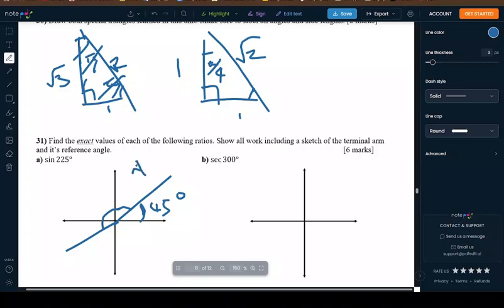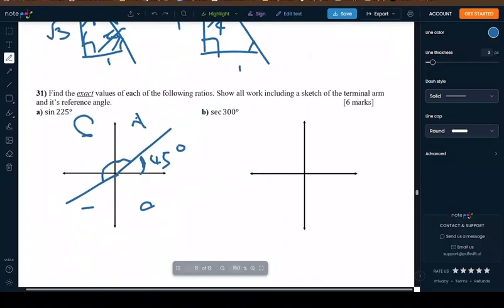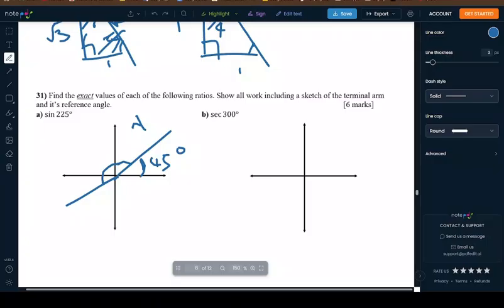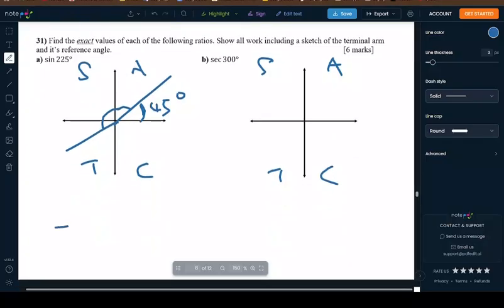Our sine is actually negative in this quadrant. So it's negative sine 45 degrees. Make sure you don't mess that up. So it's negative square root 2 over 2.